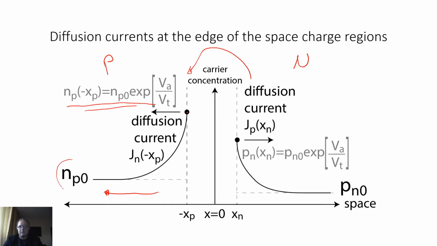At a certain point they return to the thermal equilibrium value of the minority carriers, electrons in the P side. The same with the holes. So from this point I will derive now the equation for the diffusion current in the PN junction.